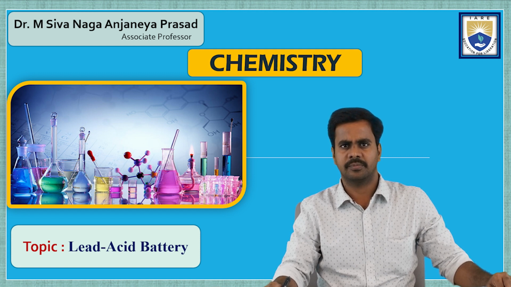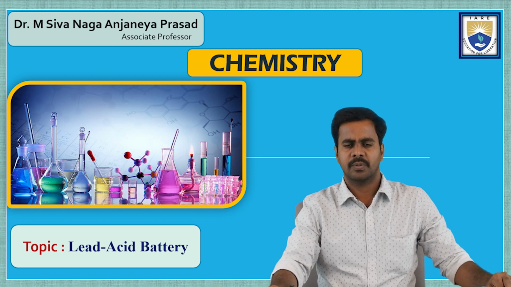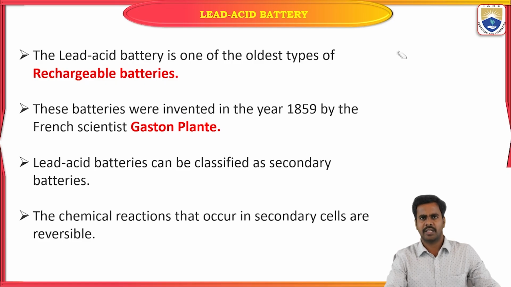In this session, I am going to discuss lead-acid battery, its construction, working principle, and applications. Lead-acid battery is a best example for a secondary cell. As we know, what is a primary battery and what is a secondary battery?